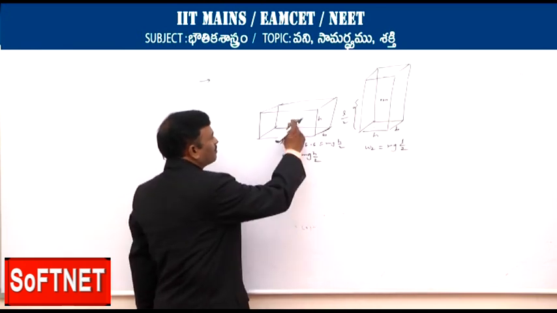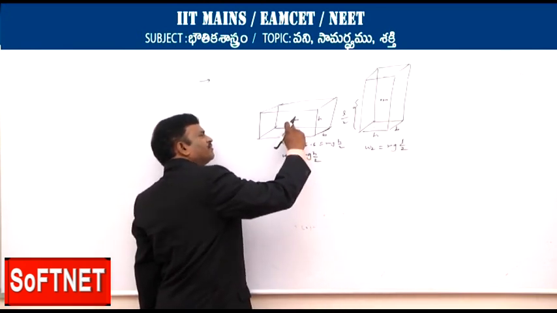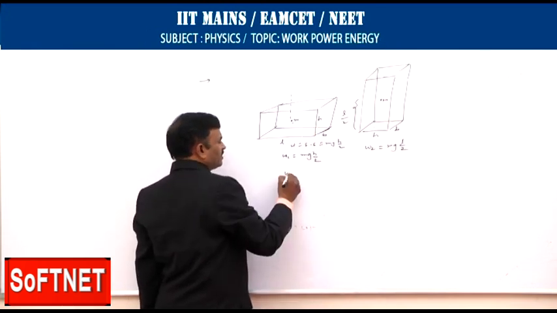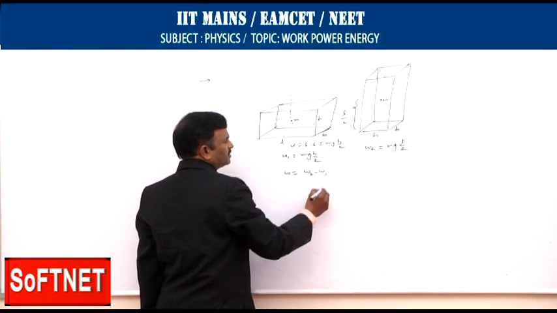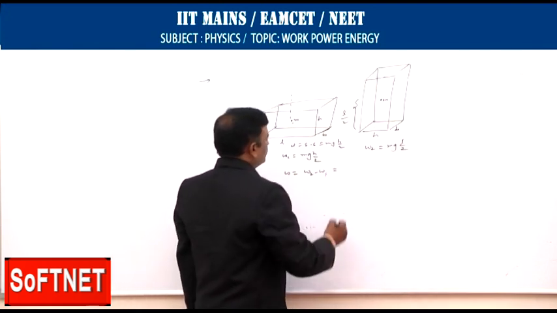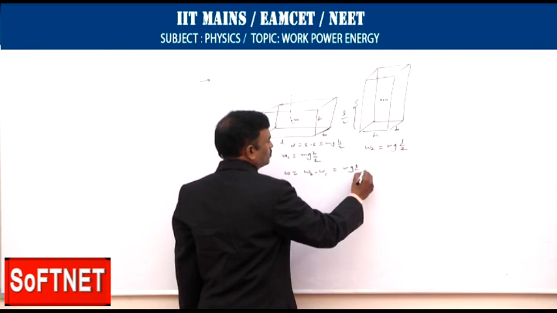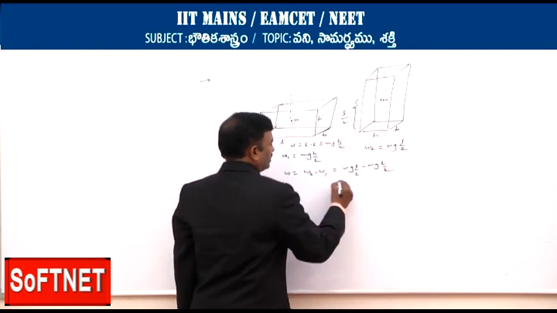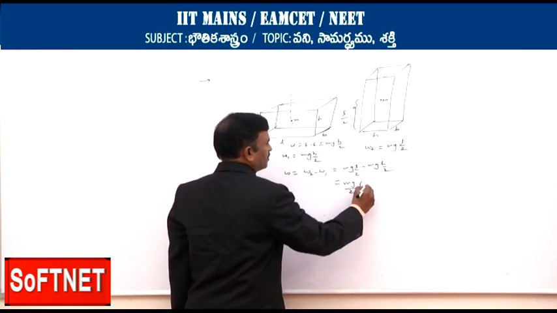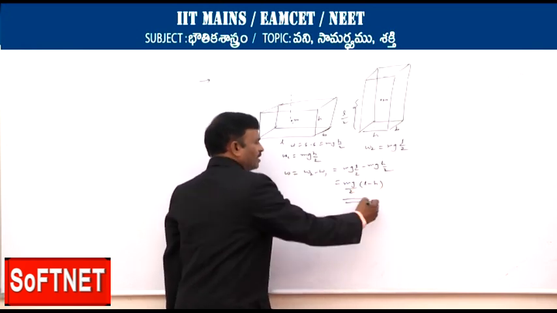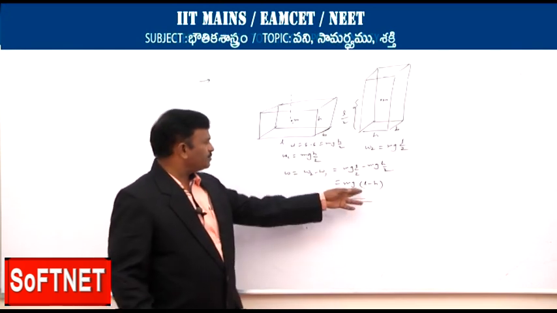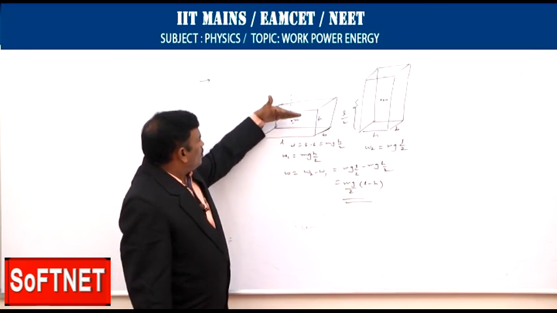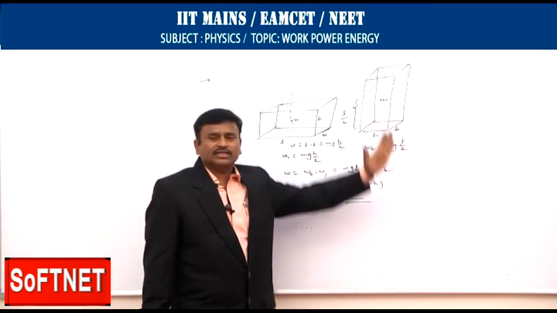Now the net work done from here to here: it is only rising in height. The net work done W is equal to W2 minus W1, which is mg L by 2 minus mg h by 2. Here mg by 2 is common, so mg by 2 into L minus h. From the difference between L and h, we get the net work done to lift from the horizontal surface to the vertical surface.